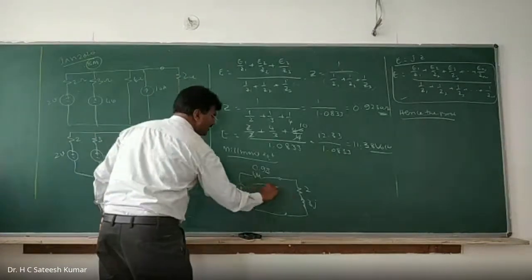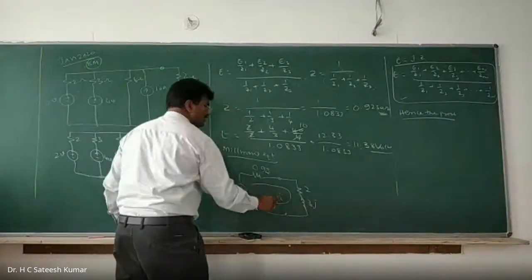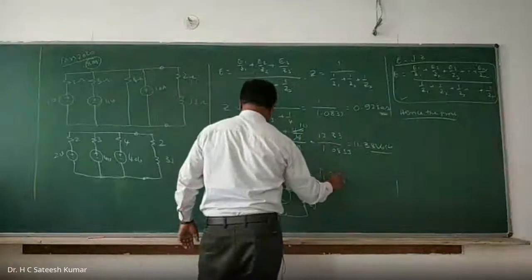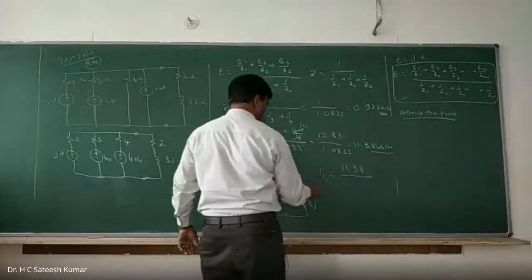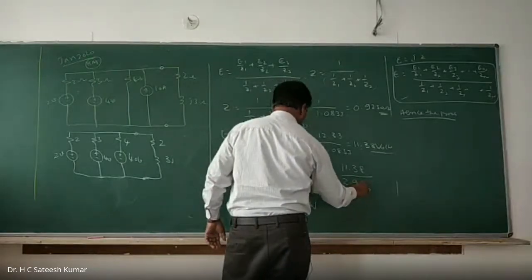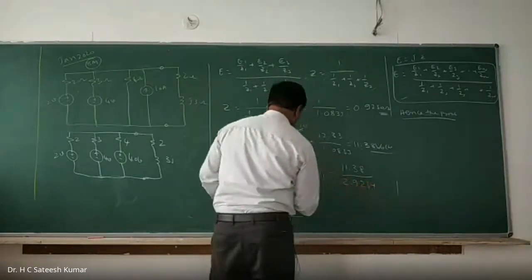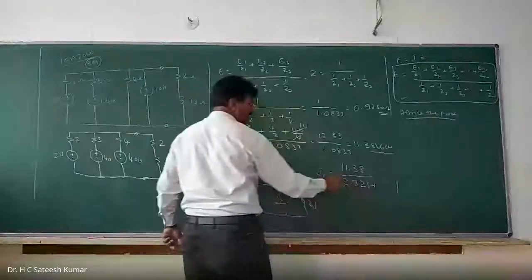And you find out this IL. IL is equal to what? IL is equal to 11.38. All of them are series now. So real part 2.923, 2 plus this one. Real part you add, plus 3J.